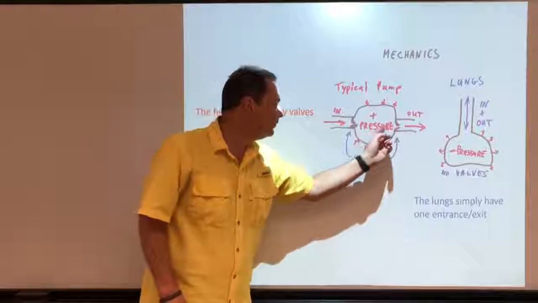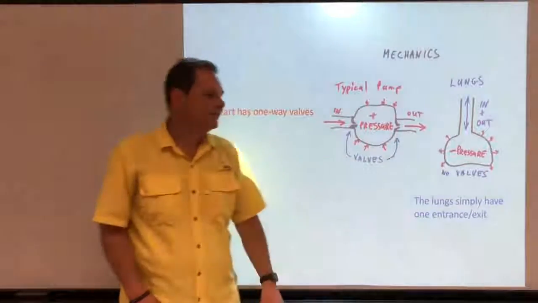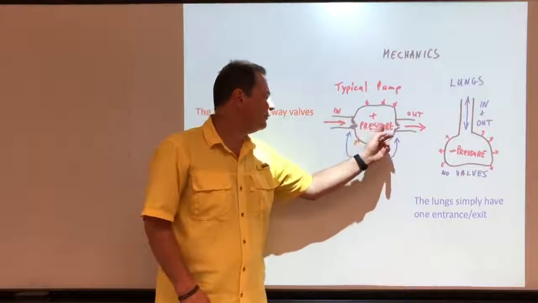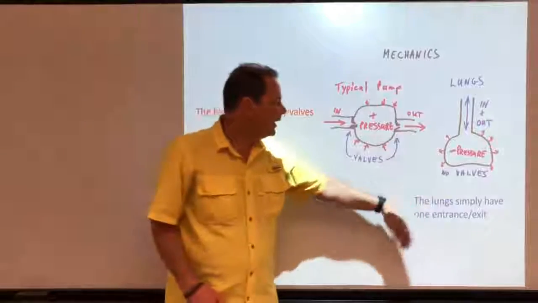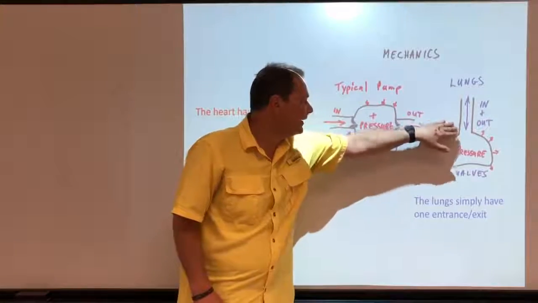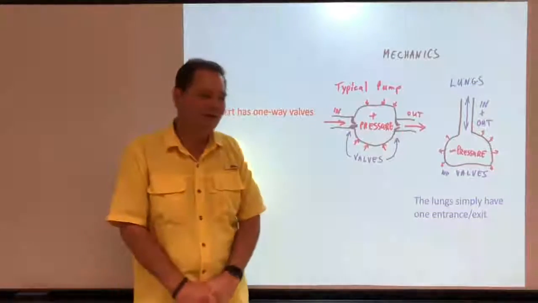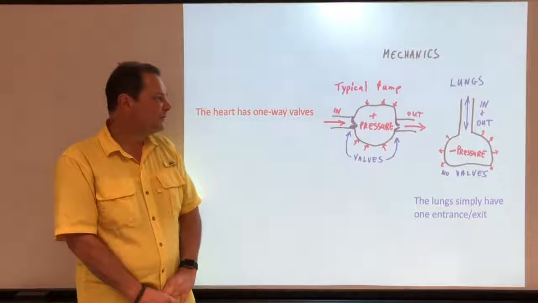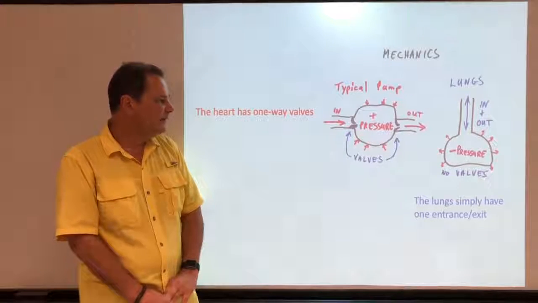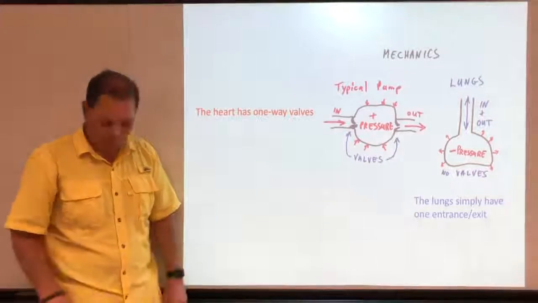So you have an inflow through an intake and an outflow through an outtake, let's say from the atrium to the ventricle, from the ventricle to the aorta. Okay? The lungs are different. They have one opening, and that is for both influx and outflux, basically the trachea in the mouth. Okay, there are no valves present, and you're basically pumping air in, and then you're pumping it out in the opposite direction.